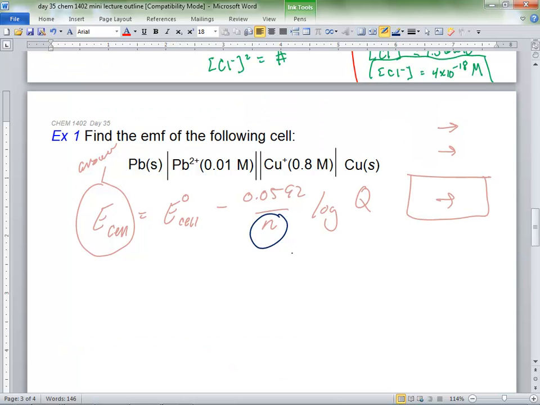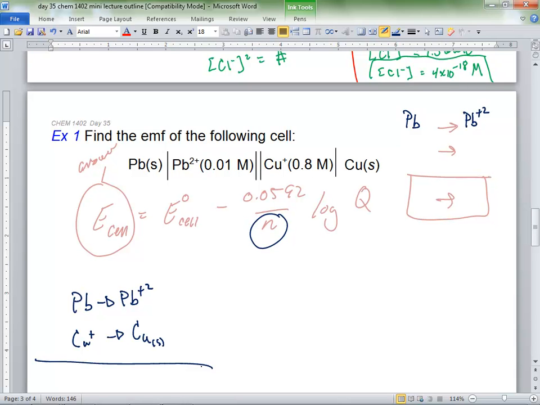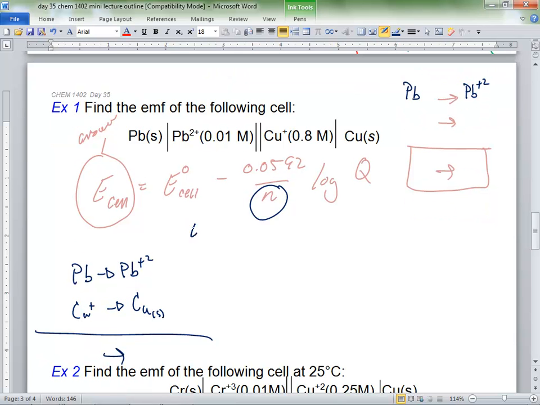I guess we could write them over here. Hopefully you set up your, right, just from the cell notation you can identify what things are.